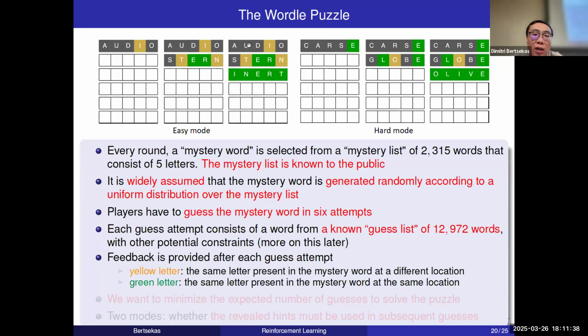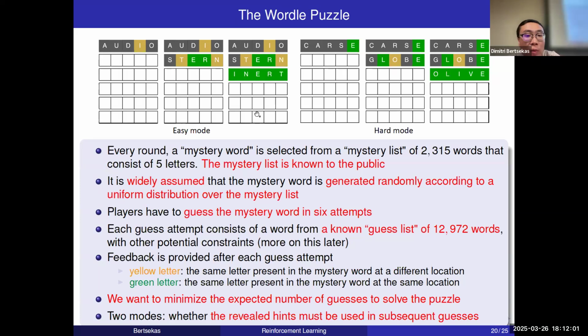And if you get something where all of them are gray, then that means you get nothing. Our goal is to minimize the expected number of guesses to solve the puzzle. We want to take as few guesses as possible to find out what the mystery word is.